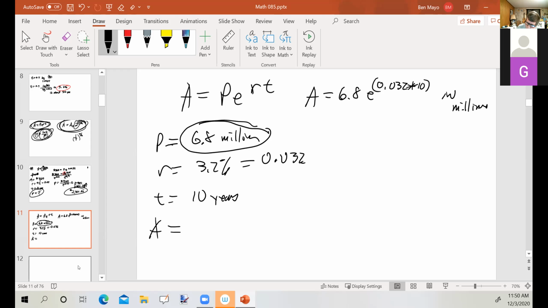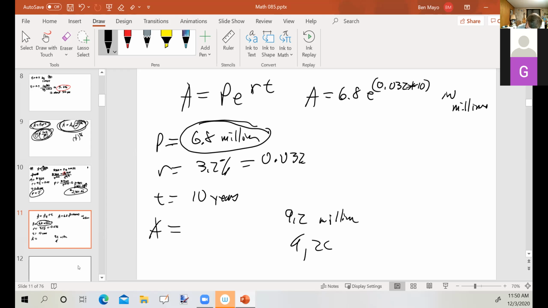When I get my answer, let's just say it's 9.2. We come up with that for A. I have no idea what it would be without doing it, but it would be 9.2 million.